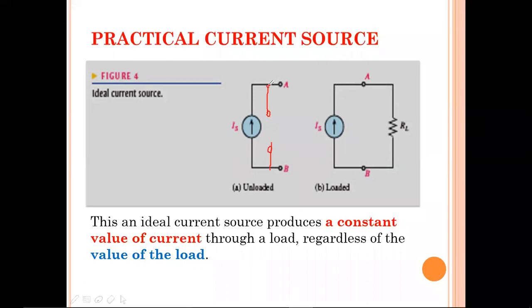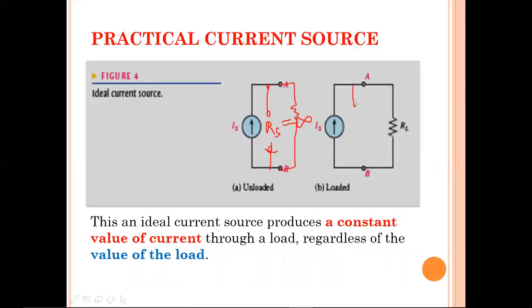Infinity means there is no need to mention a resistance value. That is the reason there is no value of resistance. Since the resistance is infinite, there is no connection between this terminal and this terminal. That is the reason the total current passes through this load RL if you connect the load across the A and B terminals. Hope you understand.